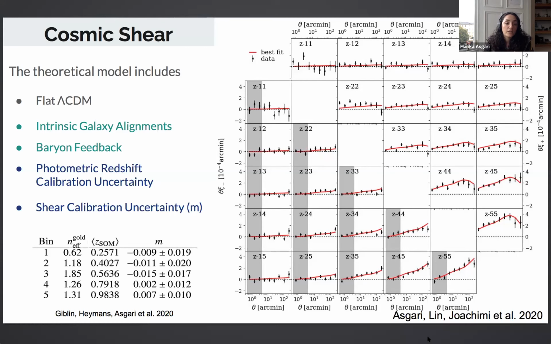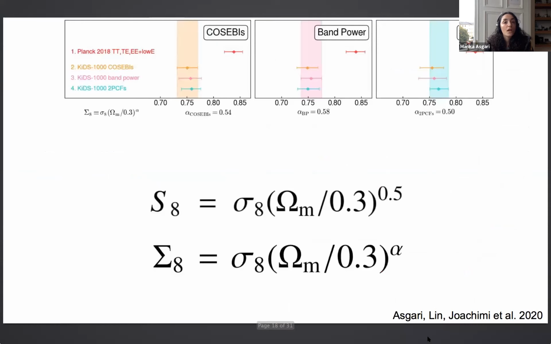Now let's look at the results. So here we're looking at our results on this parameter capital sigma 8, which is similar to S8 that you saw earlier, but with a different power. And this power is set such that the sigma 8 is perpendicular to the cosmic banana for each of the statistics.